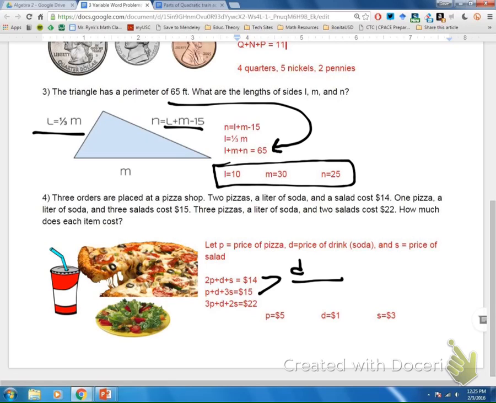Okay, so I would probably try to eliminate the P, and you would end up with an equation in D and S, and then another equation in D and S, and solve that for each of those variables. You could also eliminate the D first or the S. Okay, it really doesn't matter. No matter which way you approach the problem, you'll end up with P equals $5, D equals $1, and S equals $3. Okay, so those are the prices of each of those items.